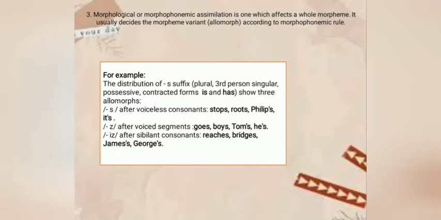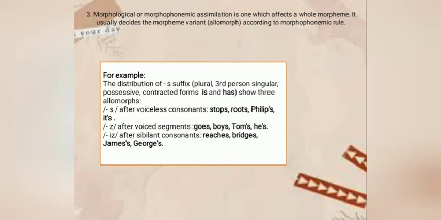Morphological or morphophonemic assimilation is one which affects a whole morpheme. It usually decides the morpheme variant, allomorph, according to morphophonemic rule. For example, the distribution of s suffix: plural, third person singular, possessive, contracted form is and has.